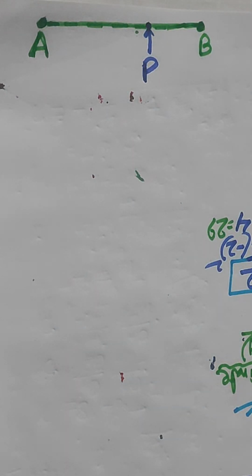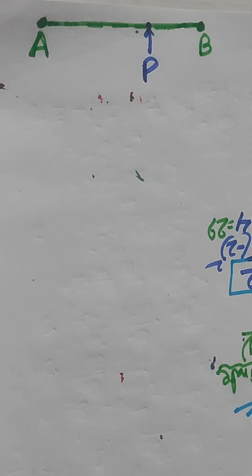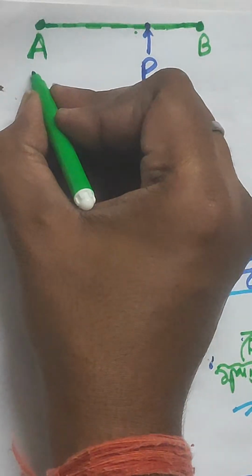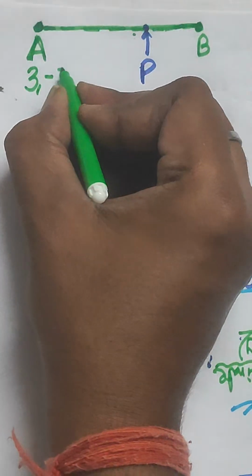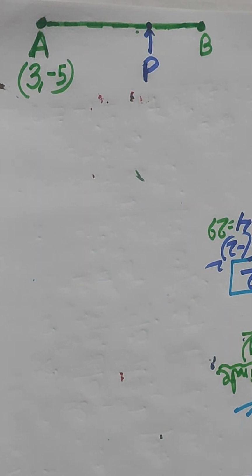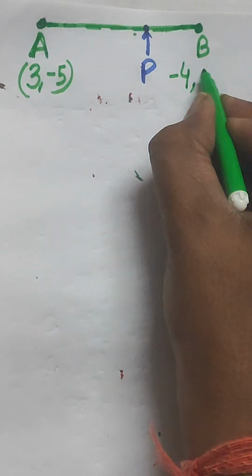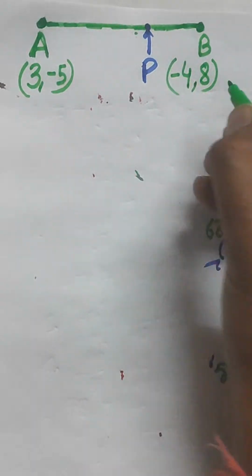And the coordinates of A and B are given to you. A is 3, minus 5, right? Coordinates of A is given to you. And the coordinates of B are minus 4 and 8, right?